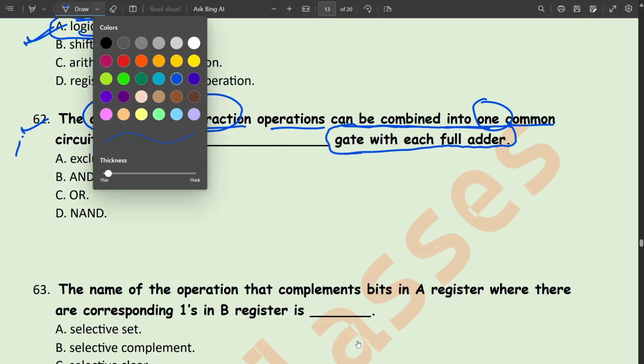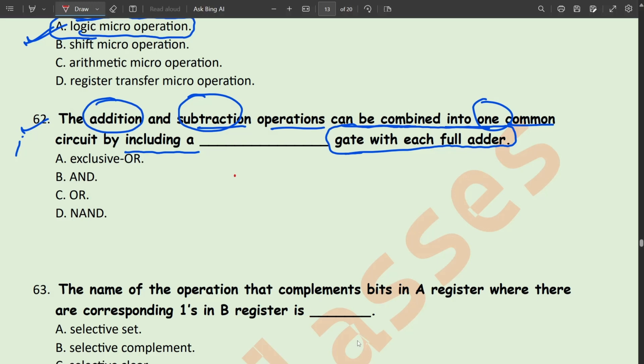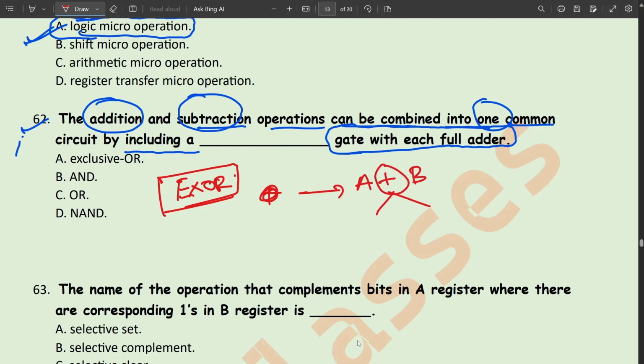In which gate? You see, in XOR gate. In this gate there are addition and subtraction. When you get output, you get A operator B, and this operator can subtract and can add. So the answer will be option number A, exclusive OR, XOR gate.